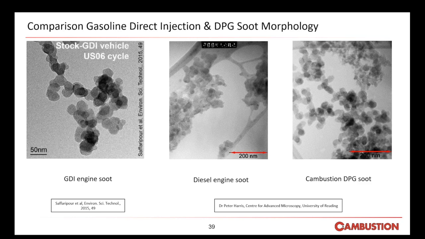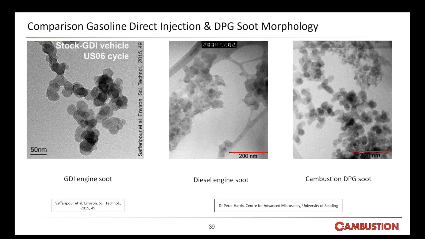You can see from these electron microscope photos of the GDI, diesel, and DPG soot that the structure is very similar. It's made up of agglomerations of roughly 20 nanometer primary spheres or primary particles. This is very important for the structure of the soot layer in the filter, which is why results from testing on a DPG are similar to engine results.